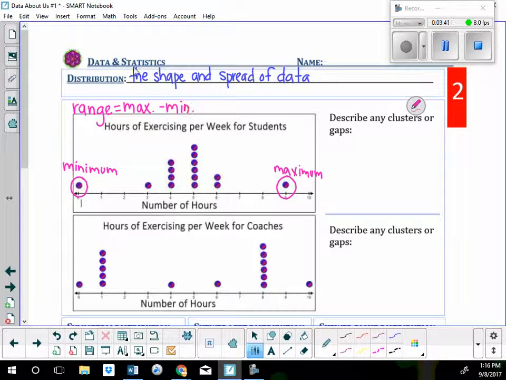Our maximum, our greatest value, you told me was 9, and our smallest value was 0. So we have a range of 9. That describes how spread out our data is. And look, we can go 1, 2, 3, 4, 5, 6, 7, 8, 9. So our data has a range of 9.